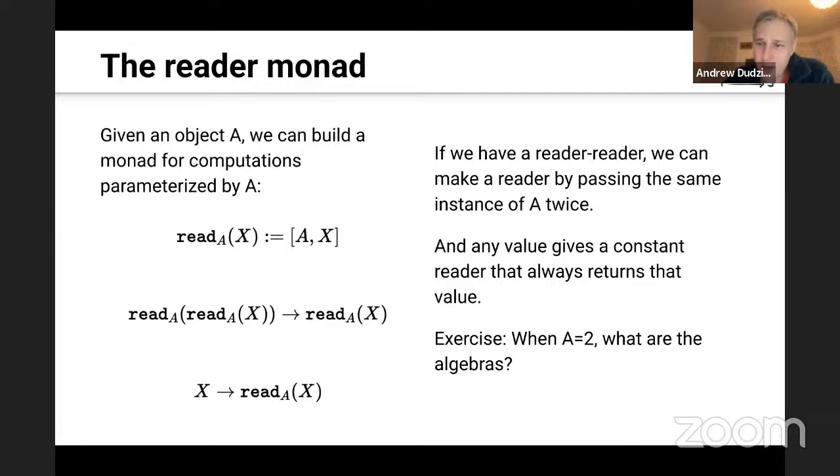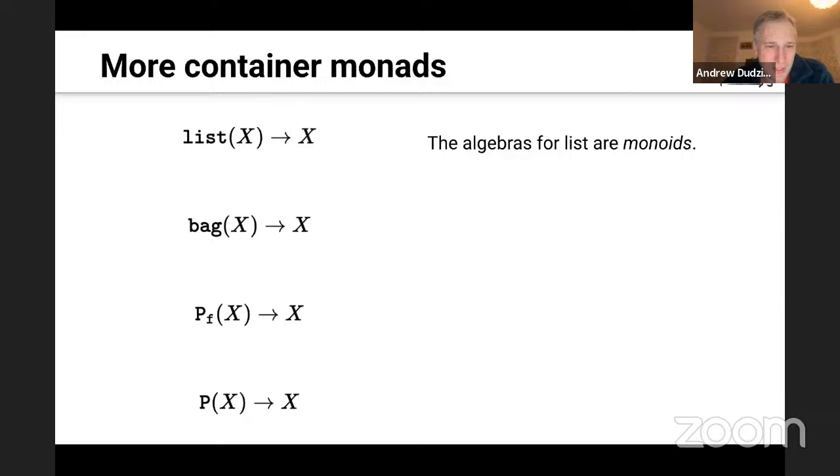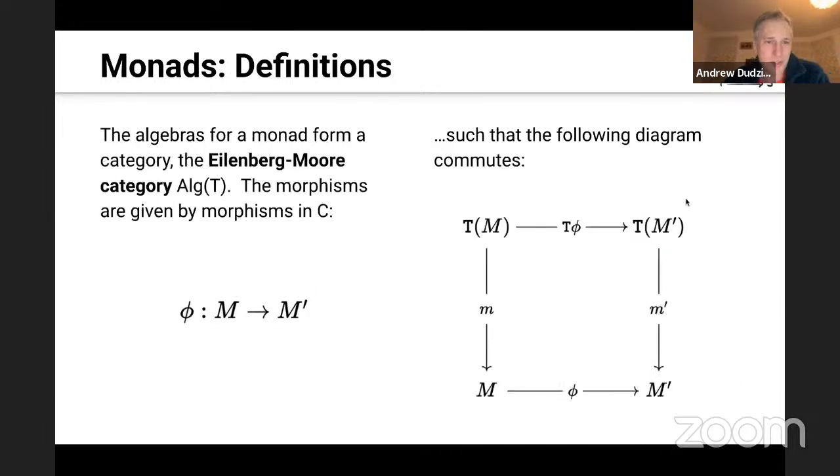Right. So a question about the technical definition, about algebras and so on. I'm being a little bit sloppy in my terminology. This is the definition of an algebra for a monad, and I don't like the term very much. It's a standard term, but I think it's more useful to think of it as a module or as a model, so I'm accidentally saying those two things sometimes instead.